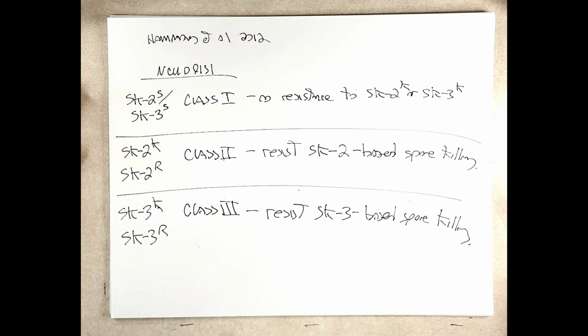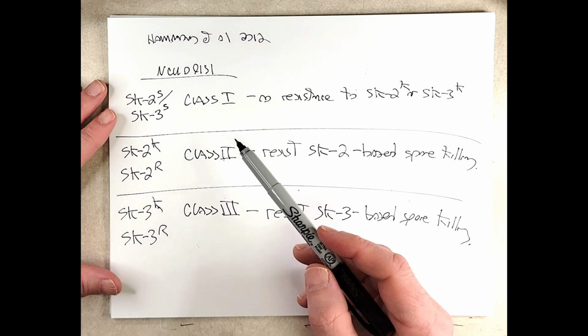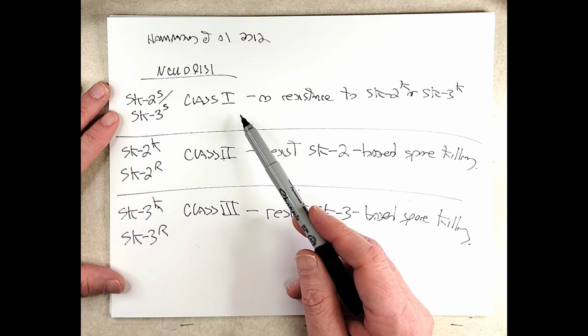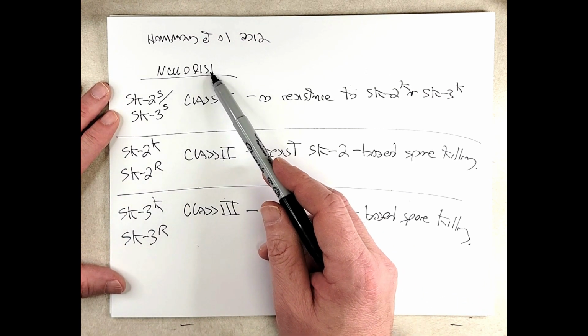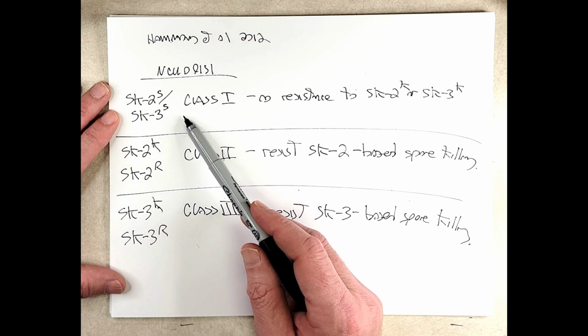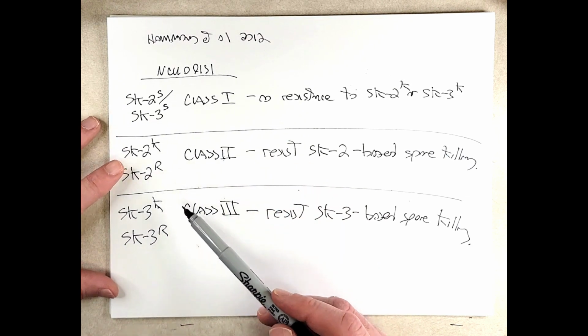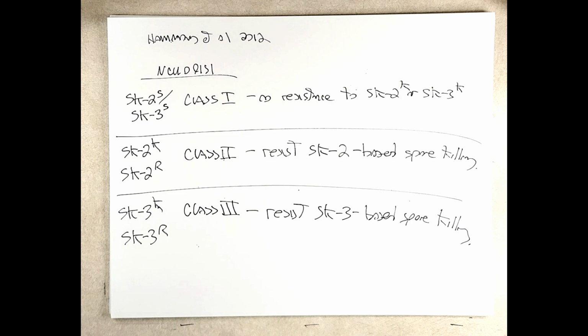It's a sequence. The sequence of the allele and the resulting sequence of the protein that is encoded by the allele is what makes a specific version of 09151 not resistant to SK2 or SK3, resistant to SK2, or resistant to SK3.